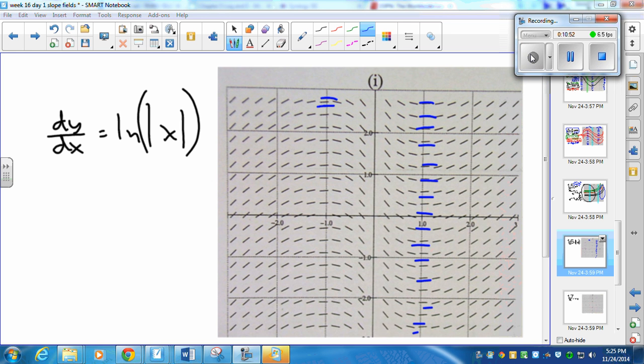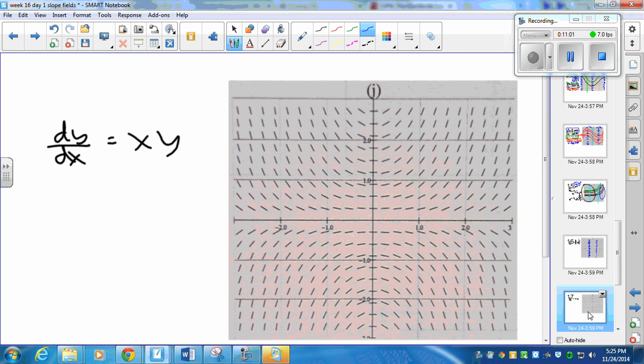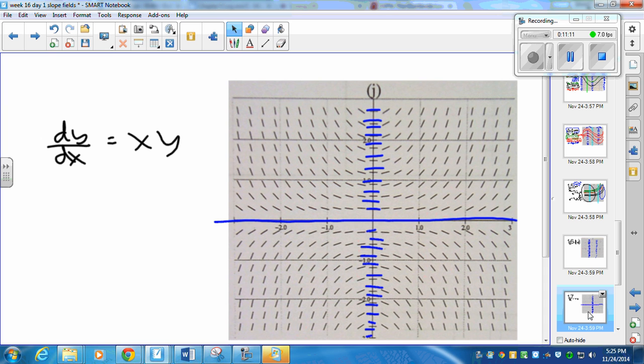And ln of -1 is undefined, but when it's an absolute value, you get ln of 1, which is still 0. And on this one, the big thing to notice is everything here is 0, and everything here is 0. The only way that occurs is when x equals 0 or y equals 0.